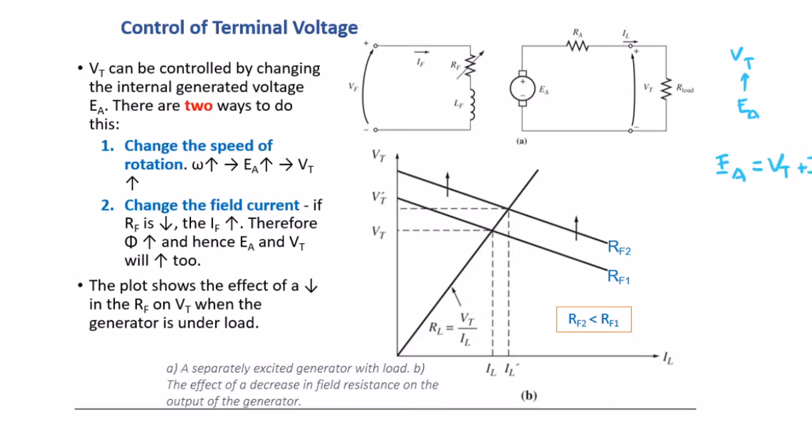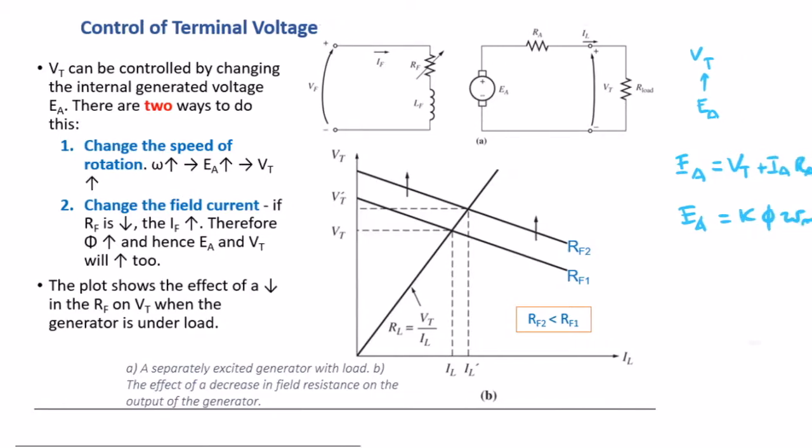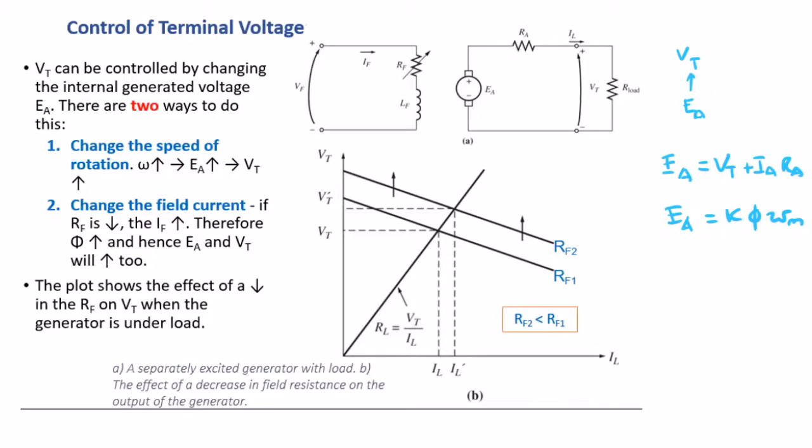And also another equation for EA that we know is EA equals K phi omega M. Okay, that's why when we want to control VT, we can achieve it by changing EA.